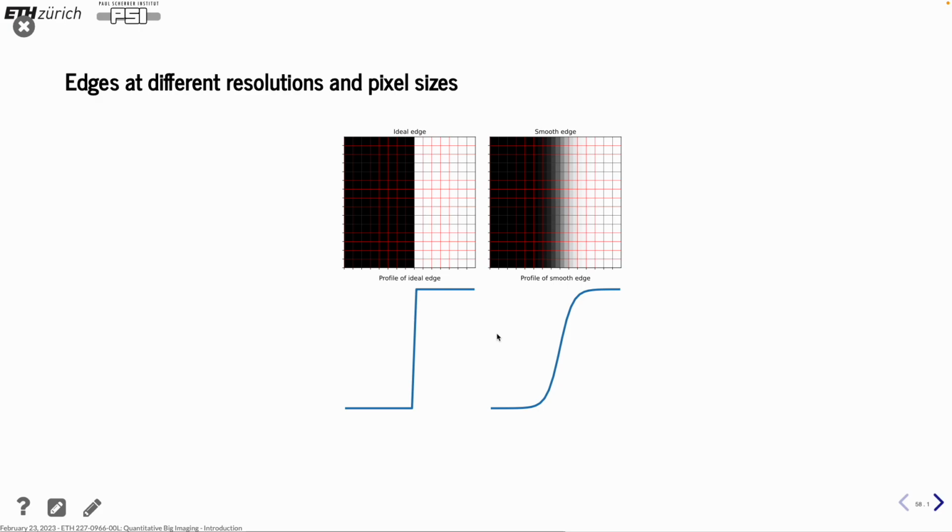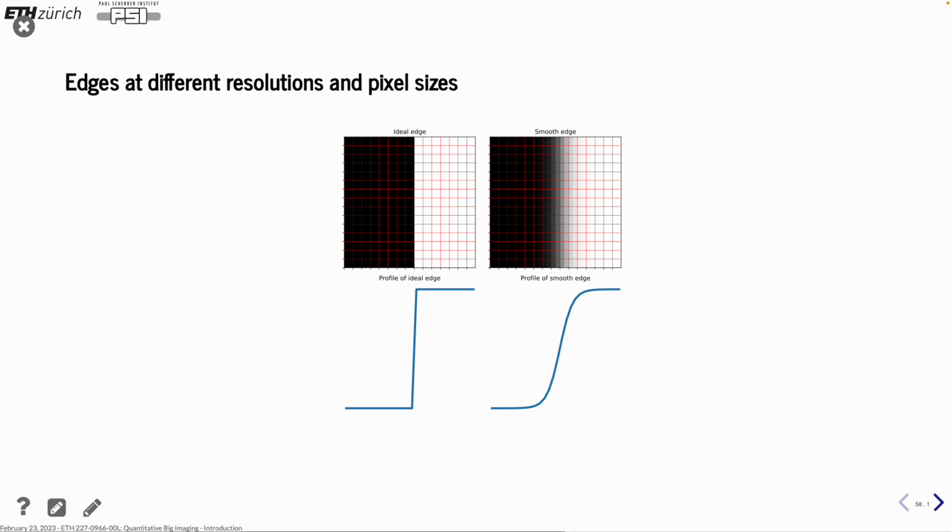So in this case, it's a very sharp transform. You go from black to white in 1 pixel, bam. And in this case, which is more realistic, you actually have a smooth edge in your image. And that is what you have to work with when you do your analysis.